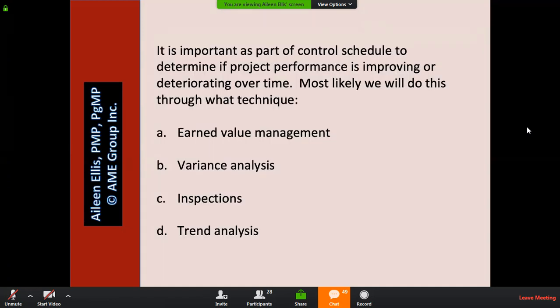It's important as part of control schedule to determine if project performance is improving or deteriorating over time. Most likely we will do this through what technique?